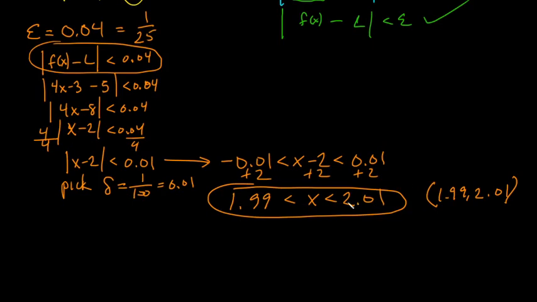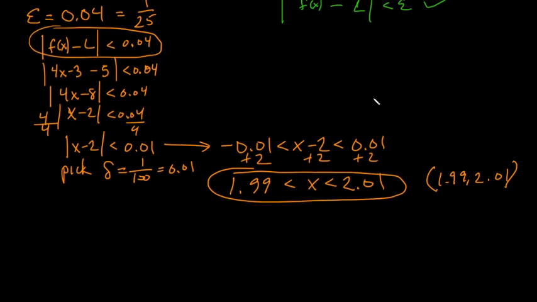So if x is this close to the number 2, then we want to show that f of x, which is the function 4x minus 3, is within 0.04 of L. Remember, the limit here was 5.